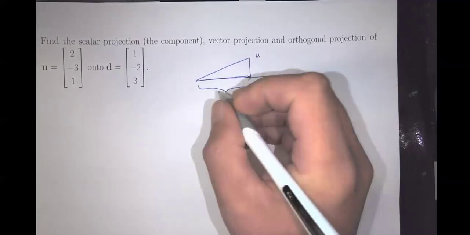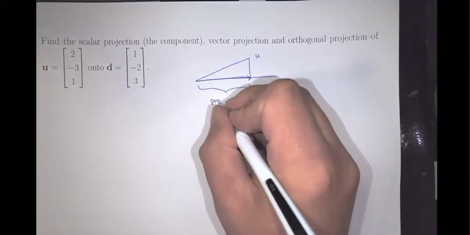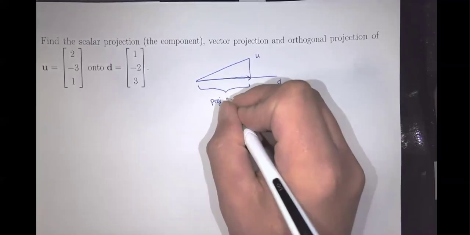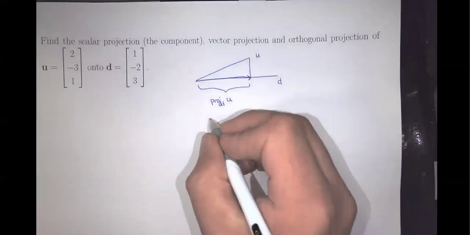That's the vector projection of U onto D. Its size is the scalar projection.